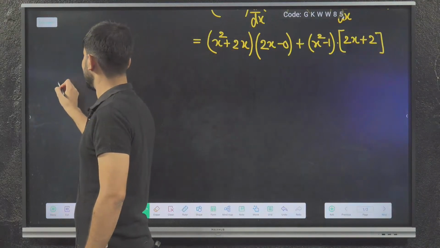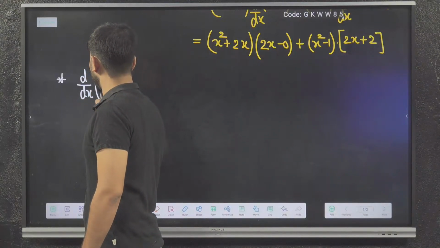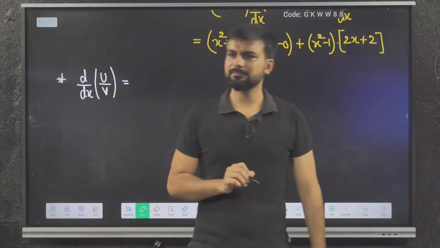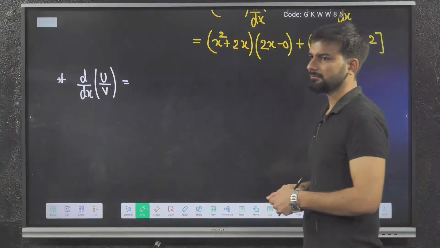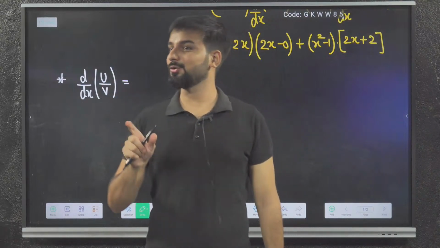So the division formula is something like this: d by dx of u divided by v. Again, u by v came.